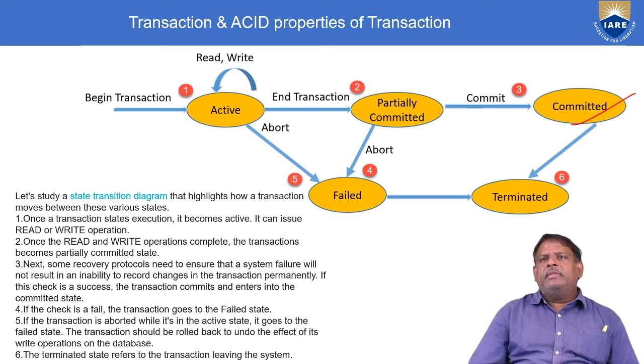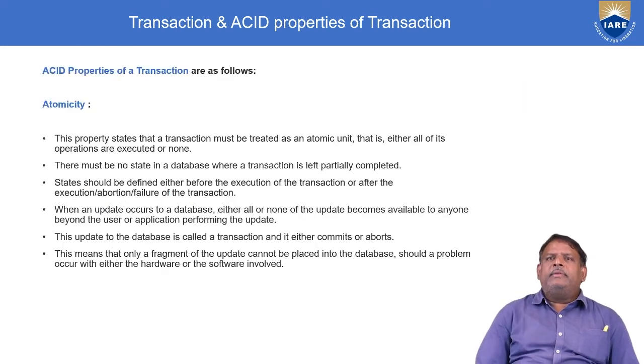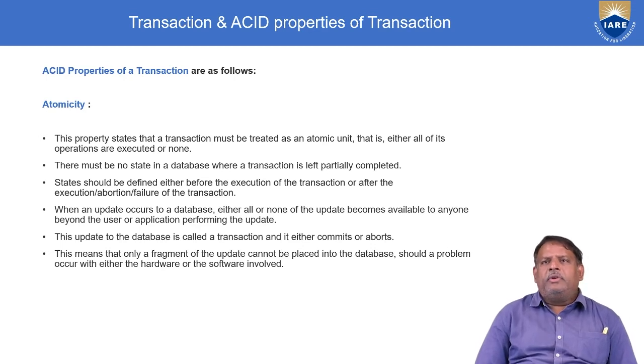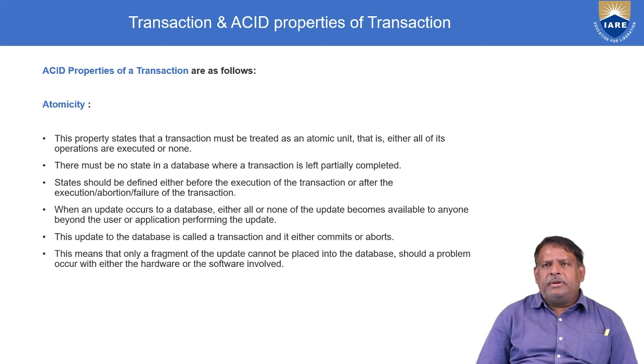Now those are the ACID properties of a transaction. The ACID properties of the transaction are as follows. First is atomicity. This property states that the transaction must be treated as an atomic unit, that is, either all of its operations are executed or none.